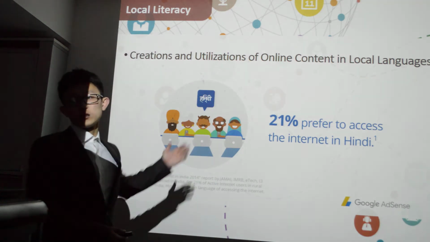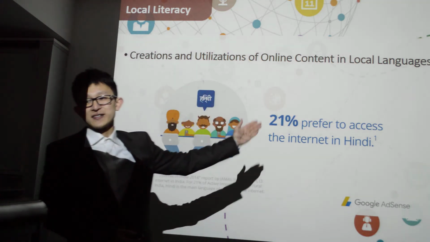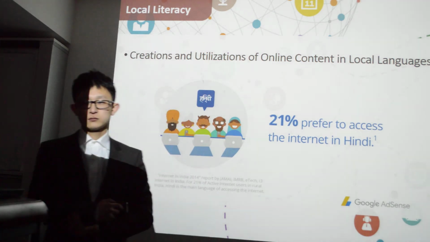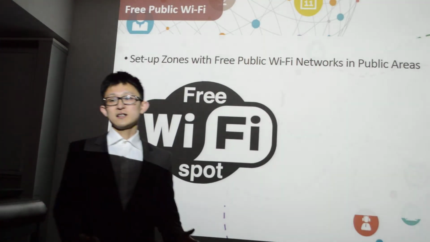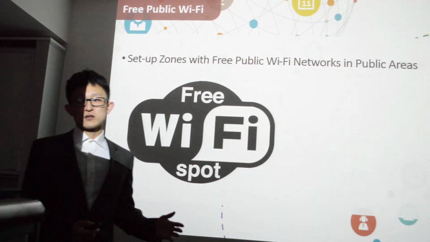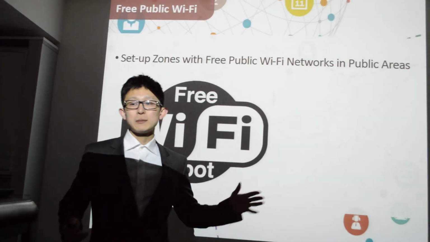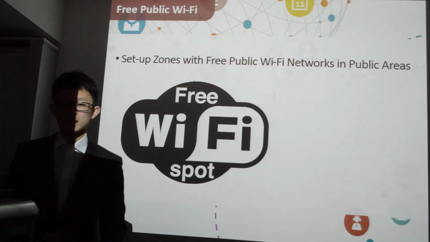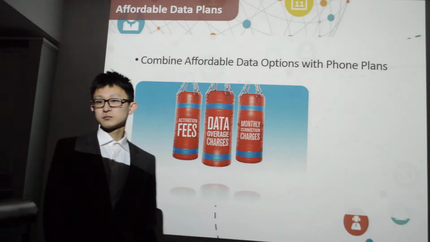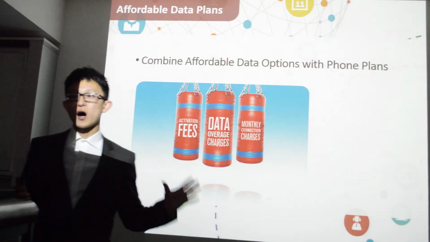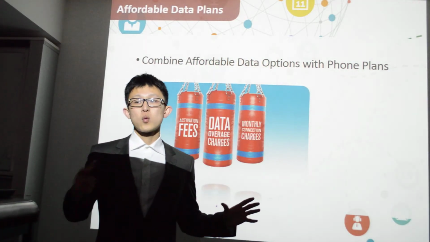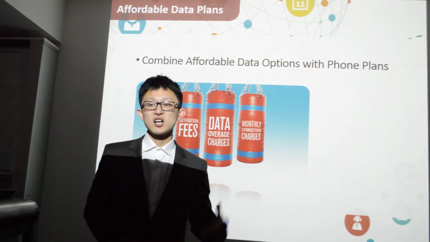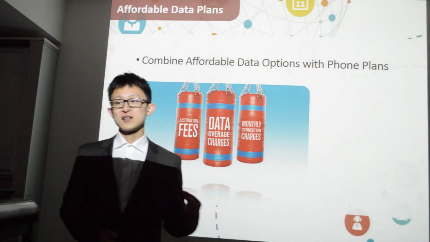For example, voice messages can replace text messages to make information more readable. Secondly, a large number of free Wi-Fi points should be constructed in public places, such as transportation, cafes, schools, or banks. The last is to combine affordable data options with phone plans, which means residents can get cheaper data plans that help them access the internet.